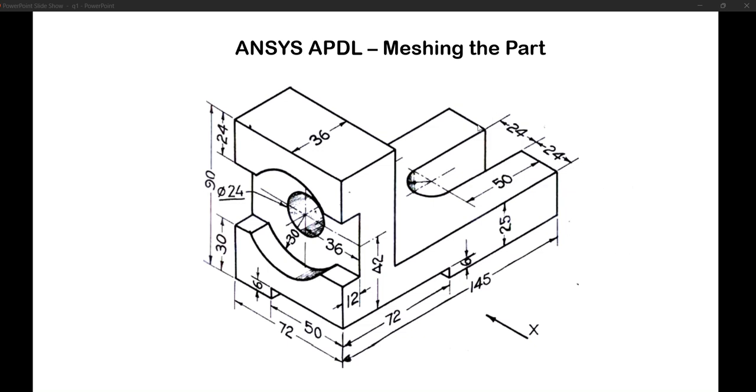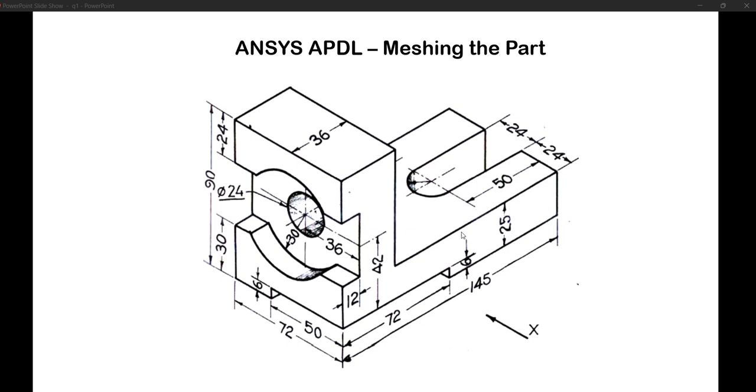Using ANSYS APDL, we are going to do the meshing of this part. You can make the model of this part in some software, say SolidWorks, and save it as Parasolid format, so that we can open it in ANSYS APDL.